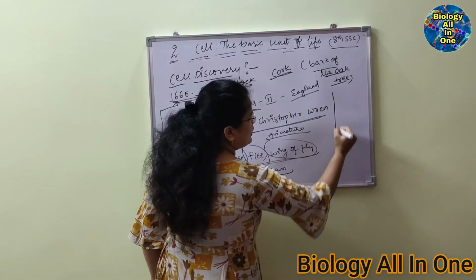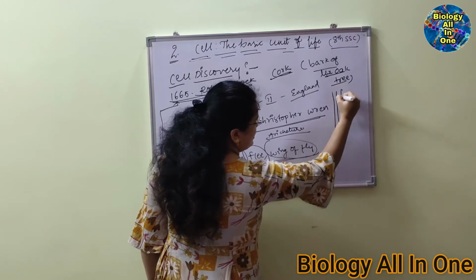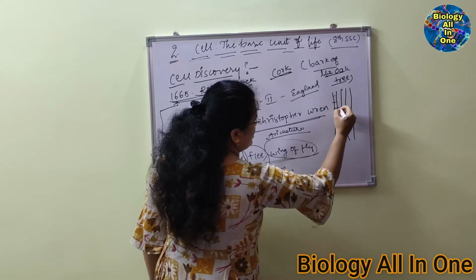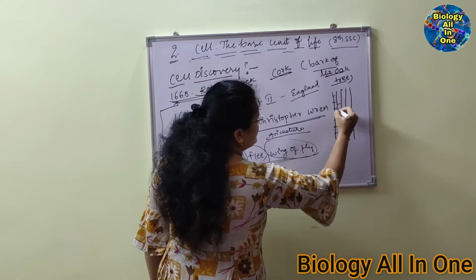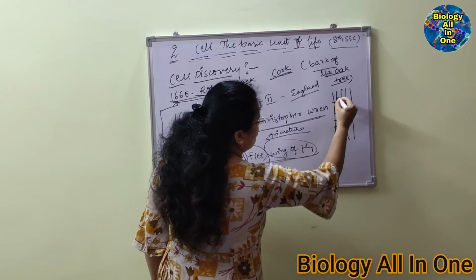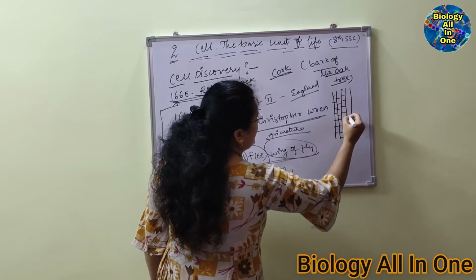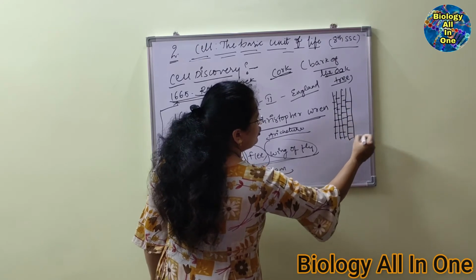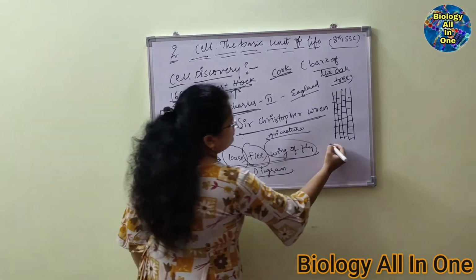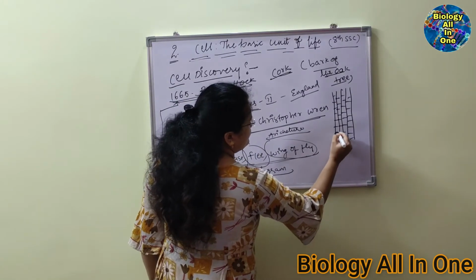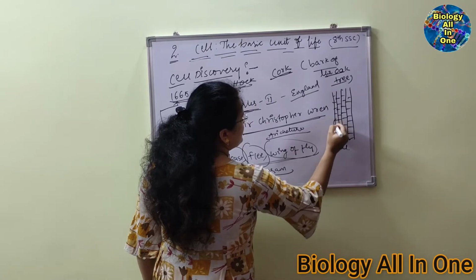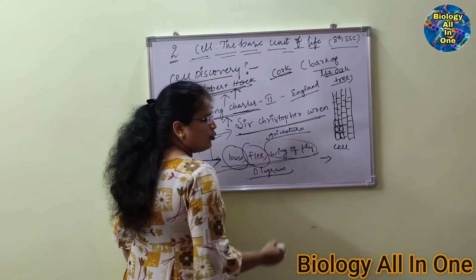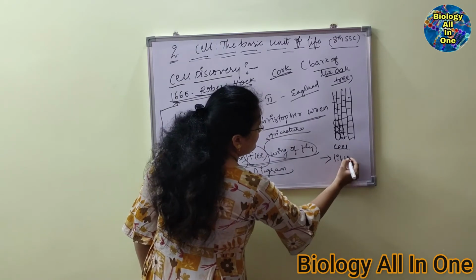He observed that the oak tree bark has a honeycomb-like structure, with cavities. To those cavities he gave the name cell. Cell is a Latin word which means little room.